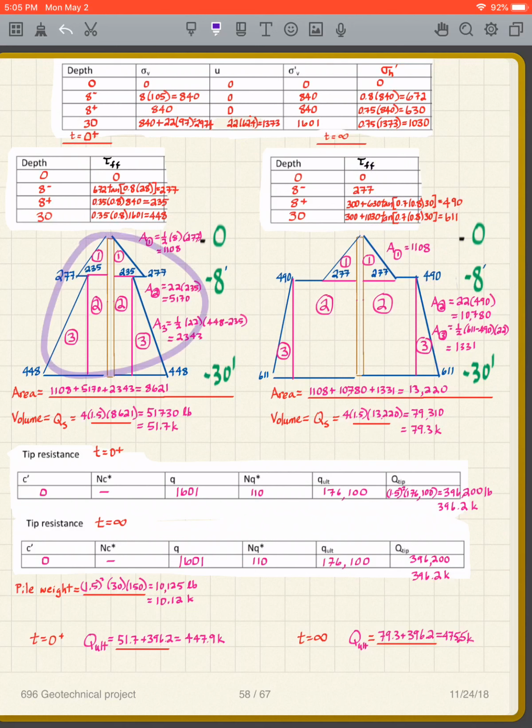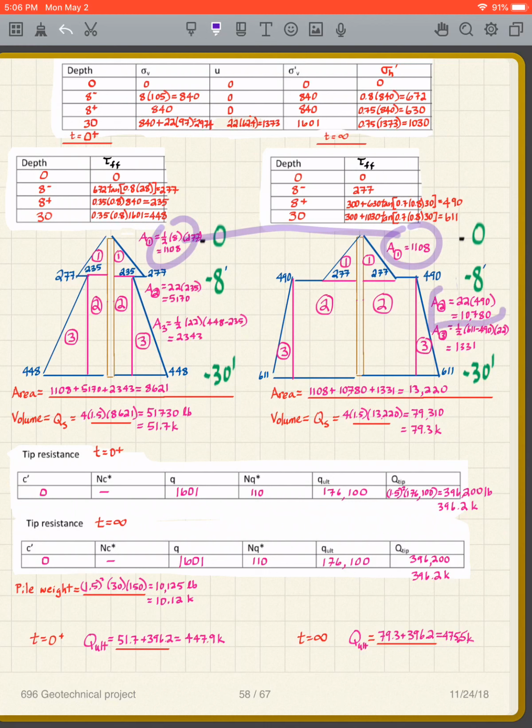So then what do I need to do? I've got to find the areas of these. So I take the area 1, area 2, area 3. You can all do that. It's either a rectangle or a triangle. Area 1 is here, area 2 is there, area 3 is there. And similarly, I have 1, 2, and 3. I get the areas of those rectangles and triangles. Area 1 stays the same.